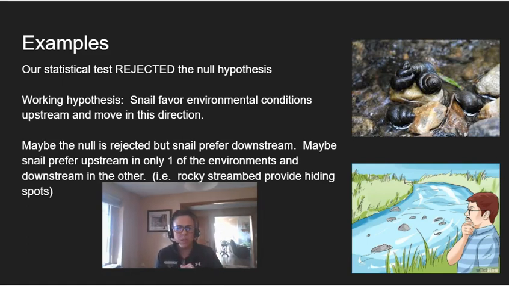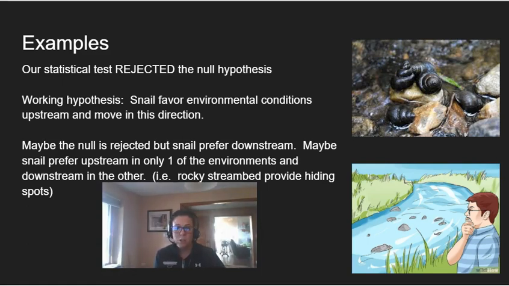Snails are showing some type of preference or something going on. That would support the working hypothesis that snails might favor upstream and move in that direction, but it doesn't prove it, because just because I have data that's correlated doesn't mean it's a cause. There could be other reasons that snails prefer a certain environment.